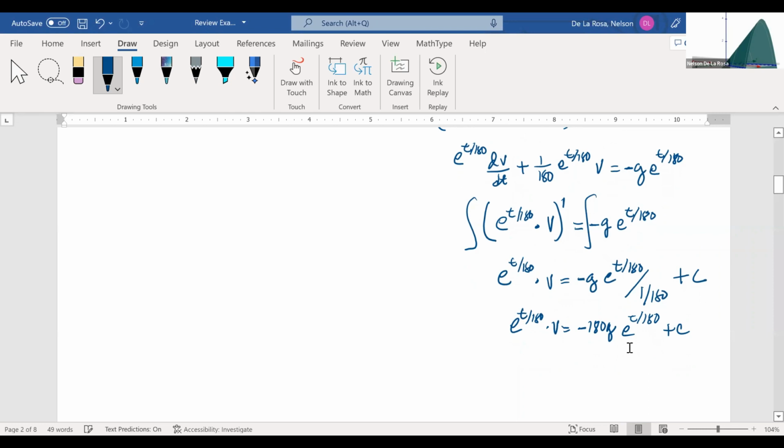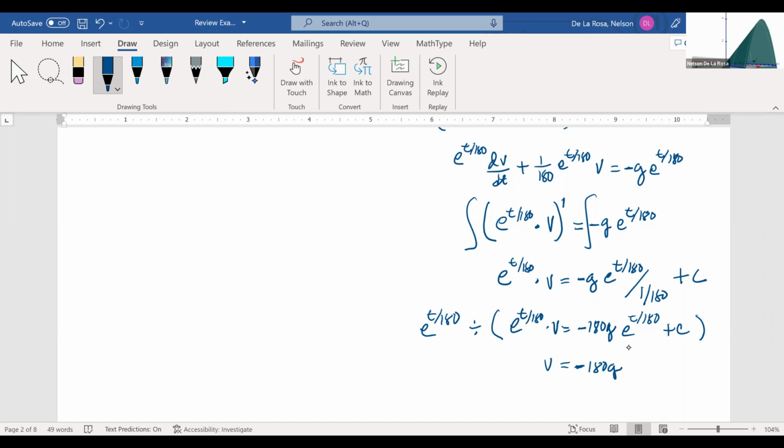And then we can now divide everything by the integrating factor. You're trying to isolate v. So v is equal to negative 180 times g.